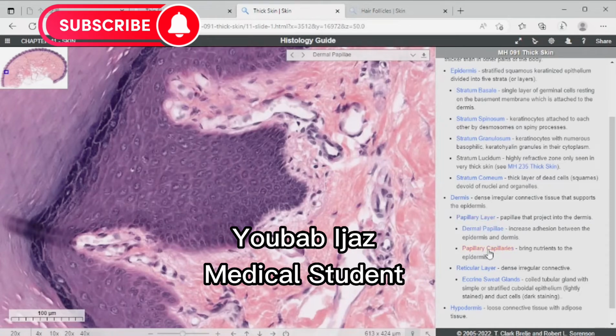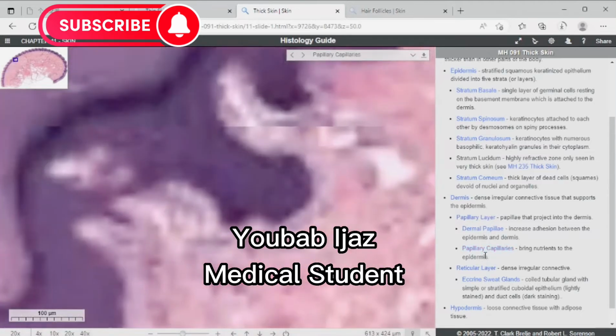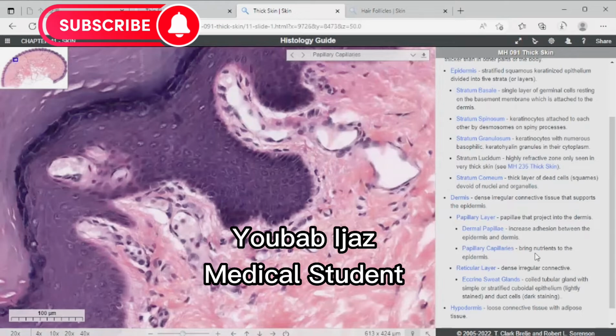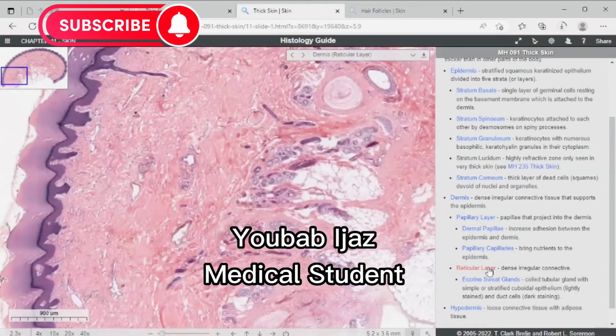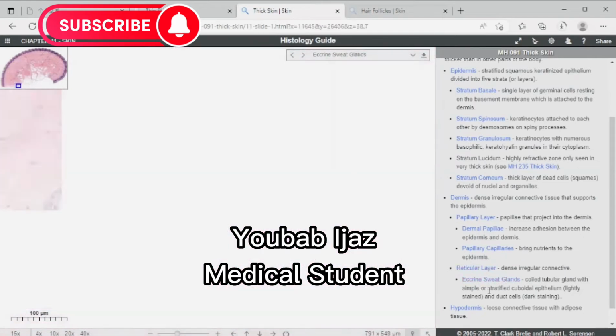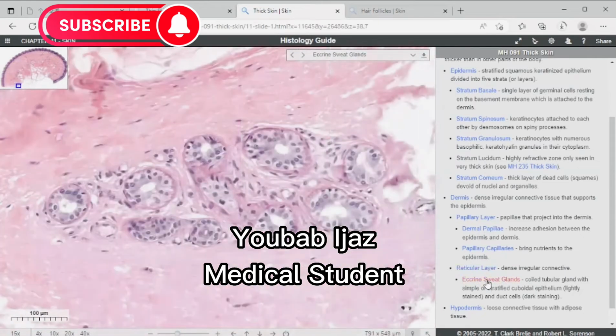This one is the papillary capillaries. They bring nutrients to the epidermis, and this one is the reticular layer. They are dense irregular connective tissue and eccrine sweat glands, coiled tubular glands with simple or stratified cuboidal epithelium.